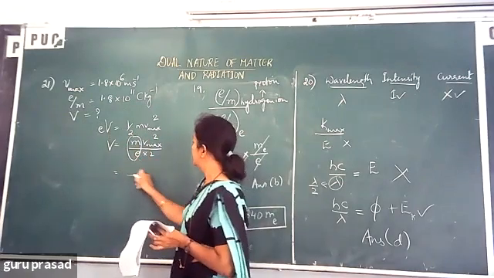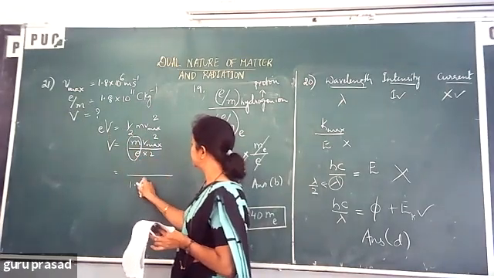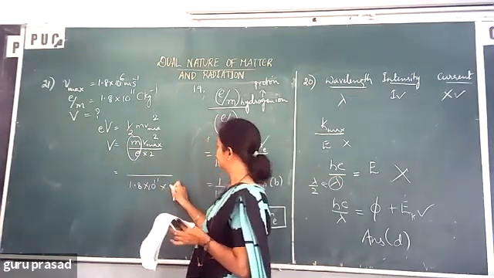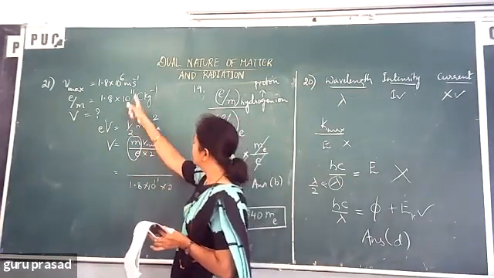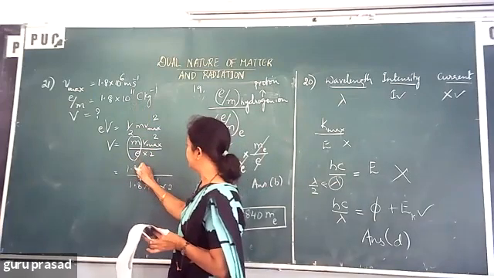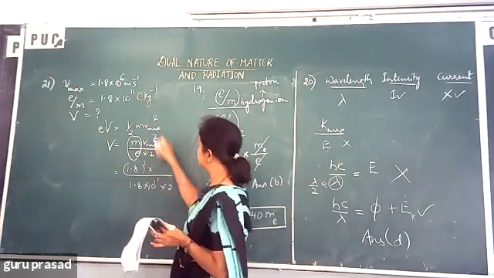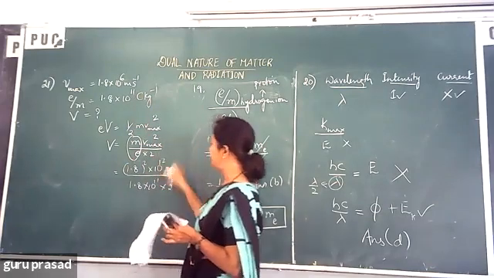In the denominator, 1.8 into 10 power 11 and this 2, and in the numerator V max square, 1.8 whole square into 10 power 6 square, which means 10 power 12.